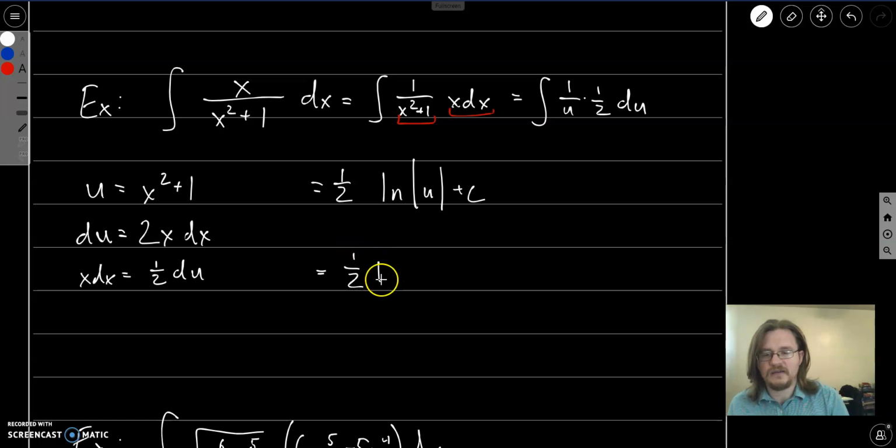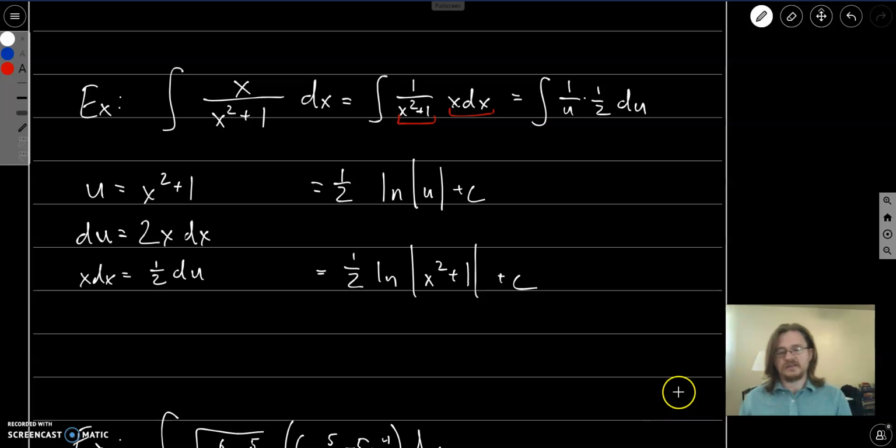So this is going to be 1/2 times the natural log of the absolute value of x squared plus 1, plus c. The other nice thing, which I'll only mention in passing, is that x squared plus 1 is always going to be a positive number. X squared is always going to be positive, or at least 0, because when you square a number, the negative signs will cancel out.